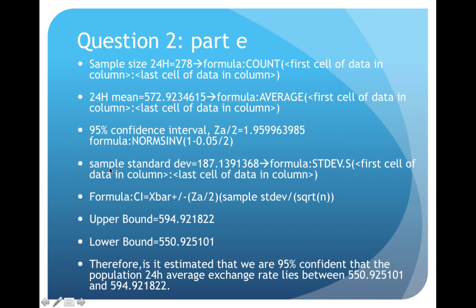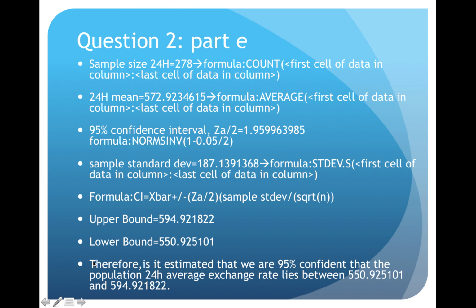And next, we have to find the sample standard deviation using this formula right here, STDEV.S, where S stands for sample, and first cell data in column to the last cell data in column. Next, we have to use this formula to find the confidence interval. In order to find the upper bound, we use the plus sign, the positive sign, and in order to find the lower bound, we use the minus sign over here.